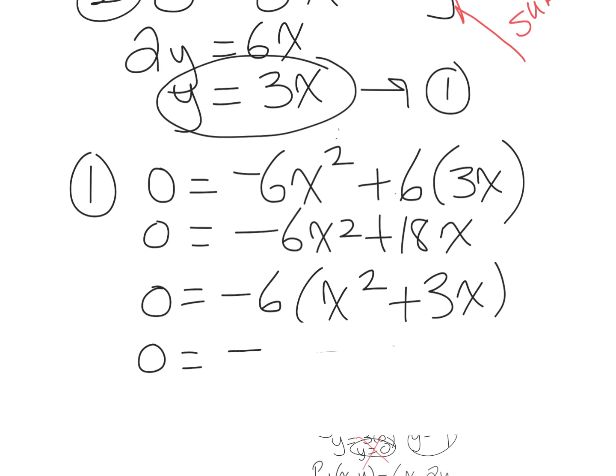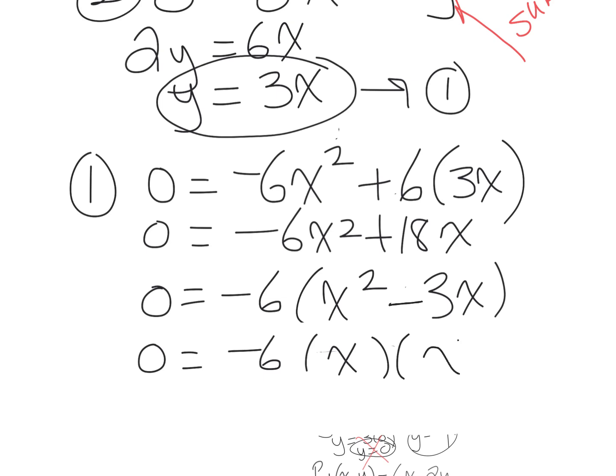So then here I might have either... oh, I know what's wrong. This has to be minus 3, right? Remember? Minus 3x, right?